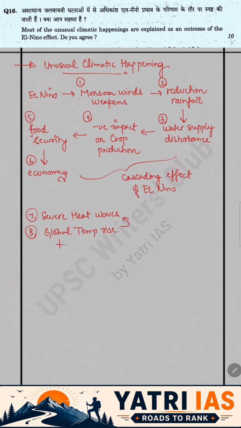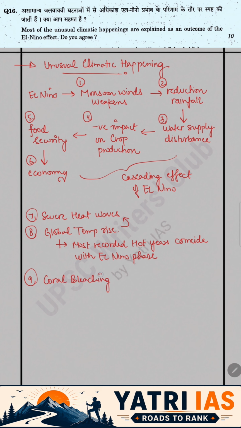And you could validate this point with saying that most recorded hot years coincide with El Nino phase. Then you would mention coral bleaching. With rise in temperature, coral all over the world starts dying. So that is a very huge environmental cost that is there due to El Nino effect.